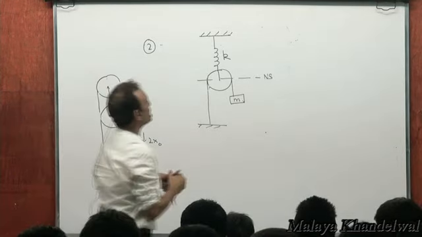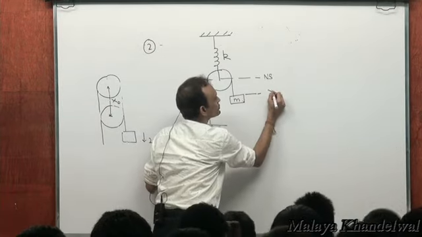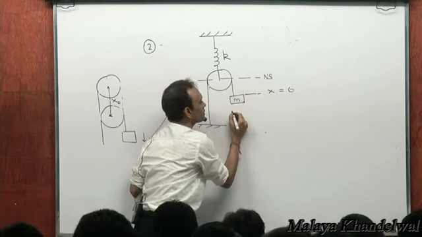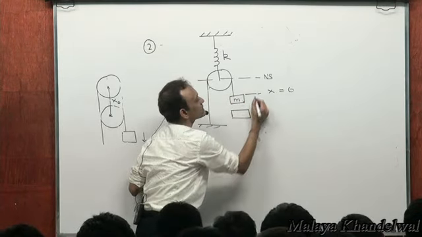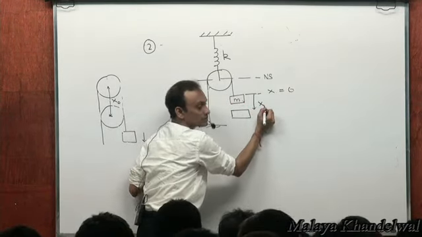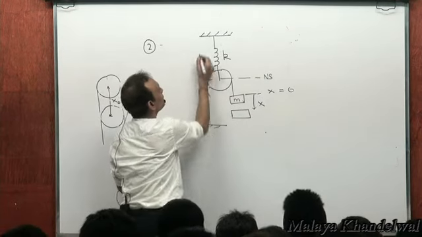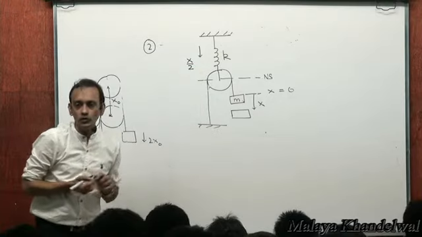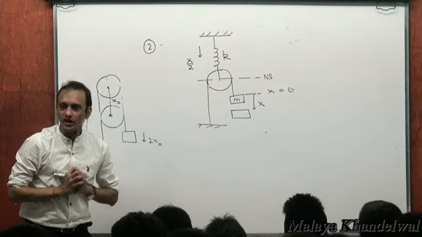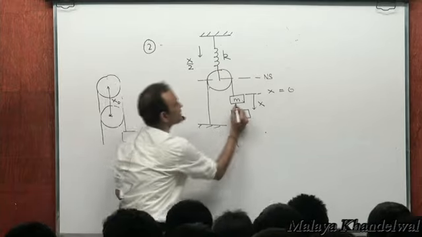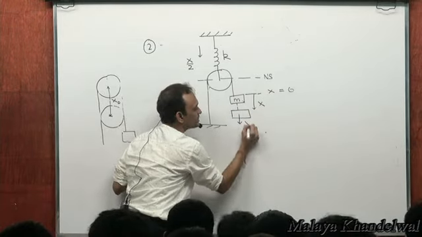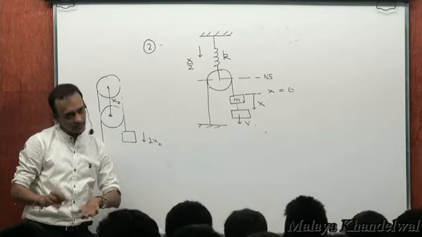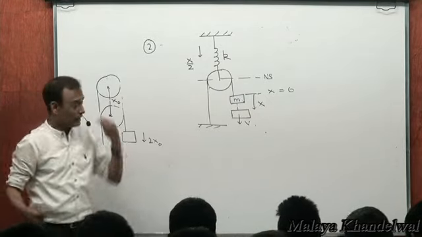Right? So let's say this is x equal to 0 for the mass, unstretched state of the spring, the mass descends, say, by an amount x, right? So the pulley will elongate by an amount x by 2. Yes or no? Yes, and let's say in this state, the mass develops a velocity v by the time it descends by an amount x.